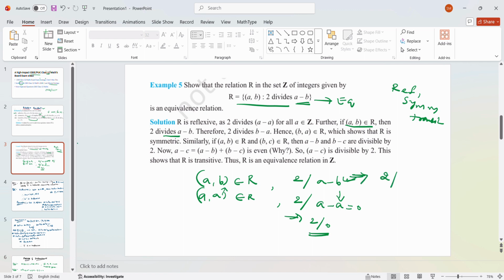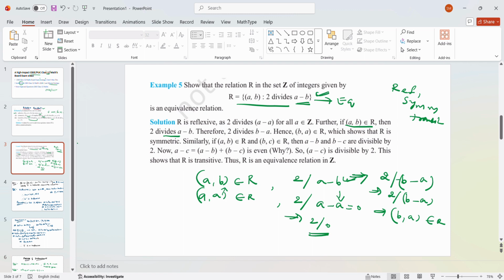What about 2 divides b minus a? It can be written if I take minus common from this, but still 2 divides b minus a. So I can remove this minus, no problem here: 2 divides b minus a. So from this condition I can write (b, a) belongs to R also.